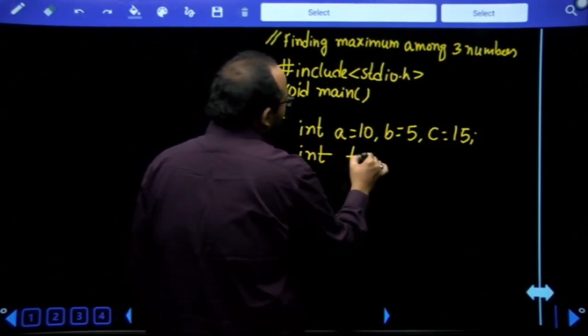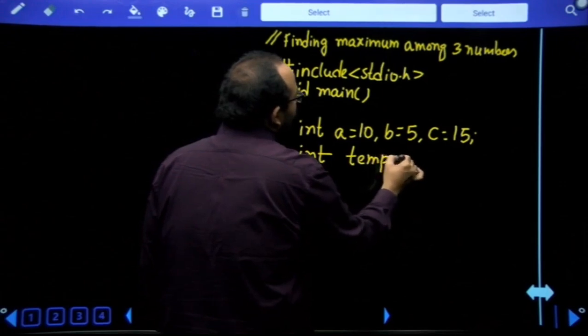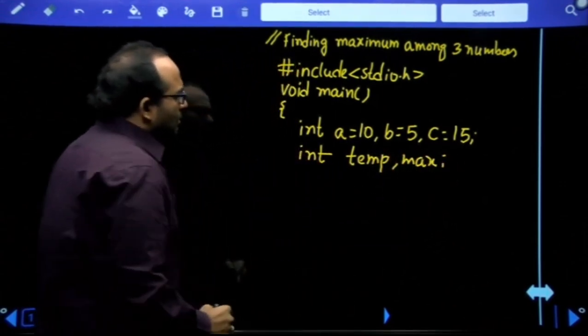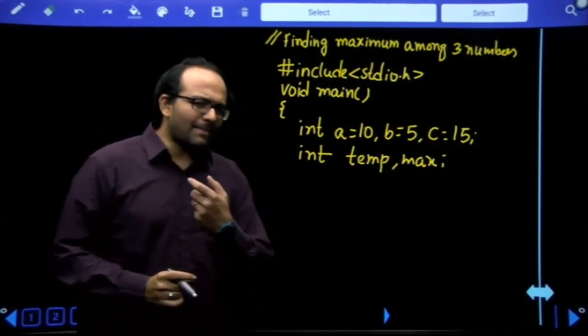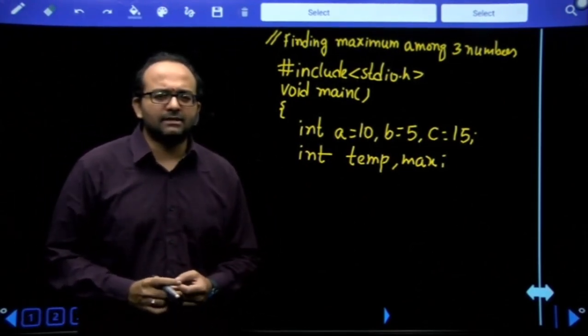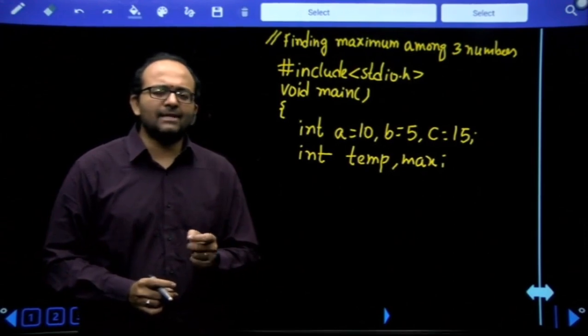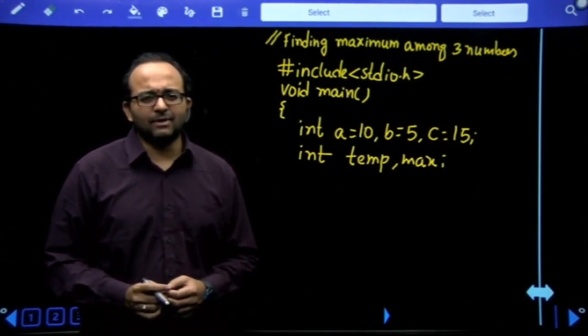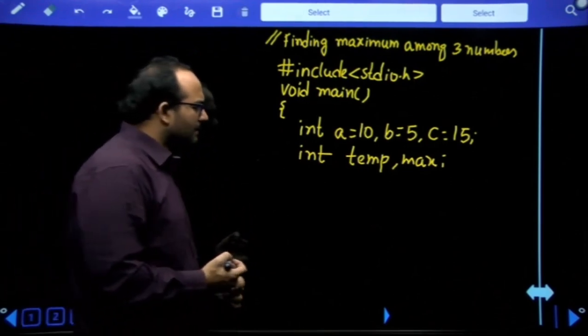One is temp, the other one is max. So first I will find a maximum among two numbers. Then that value I will compare with the third value and find the maximum among those two numbers.